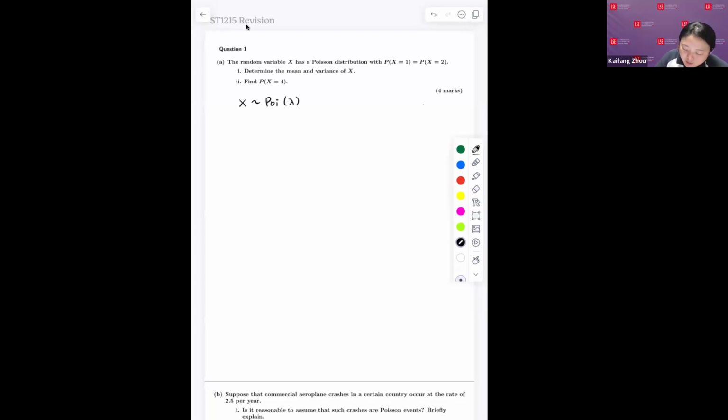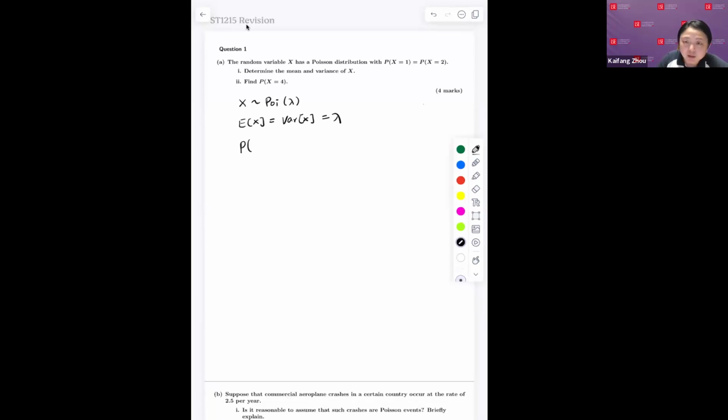And then we know that for the Poisson distribution, the mean and the variance are equal, and they are equal to lambda. But in this case, we don't know what lambda is equal to, right? But we know that X follows the Poisson distribution.